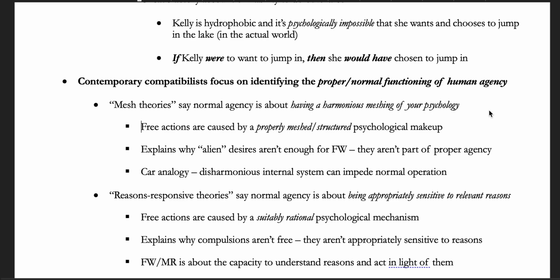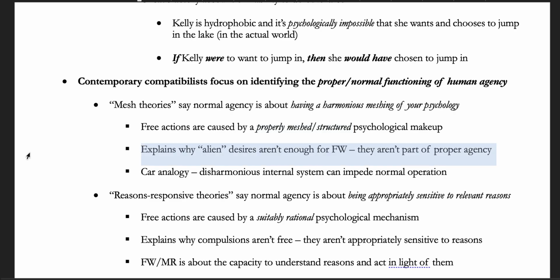And that's fine, but the mesh theorists say we want the right kind of meshing of your psychology, and that's what proper normal functioning is. Certain things need to be meshing, maybe not everything, in order for your actions to be free. So a free action is one that is caused by an appropriately meshed psychological makeup.